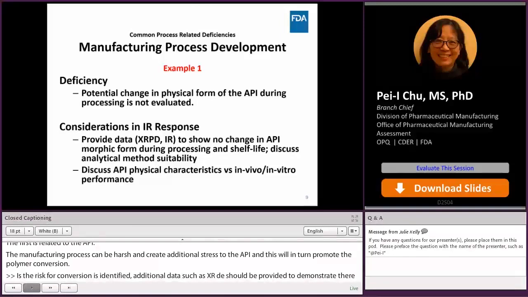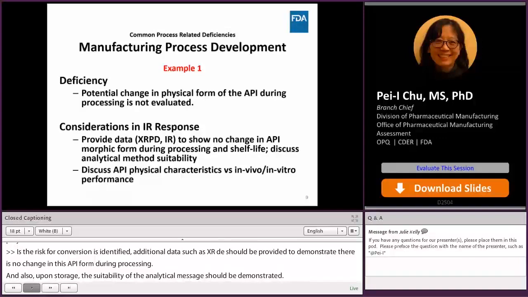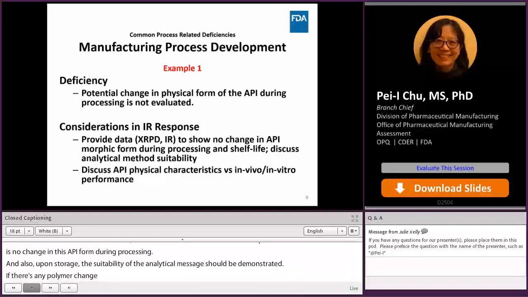In addition, the suitability of the analytical method should also be demonstrated. If any polymorph change is identified, the effect of these potential changes on the in vivo and in vitro performance of the drug product should be discussed.